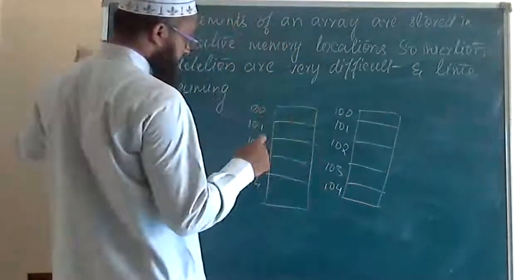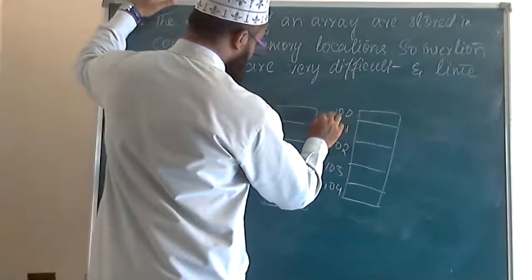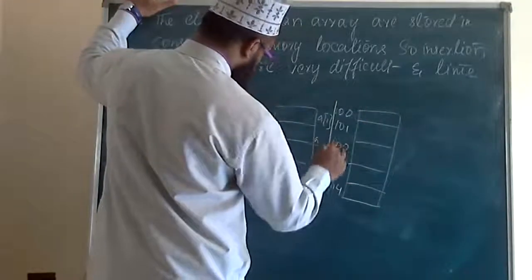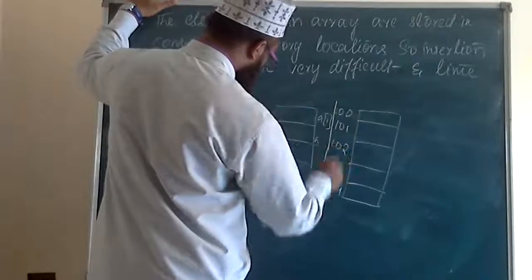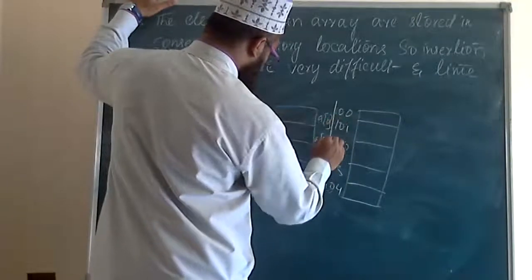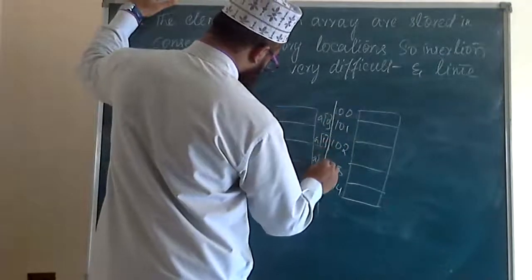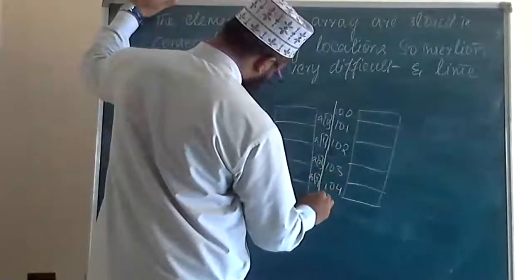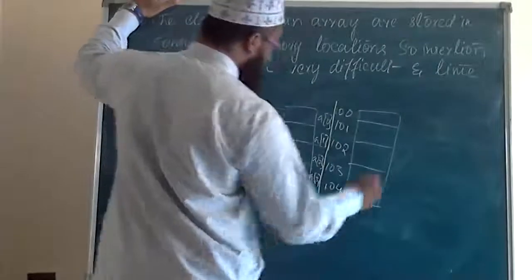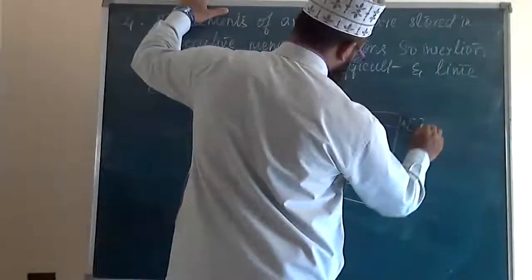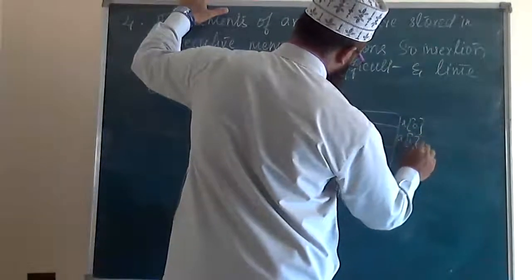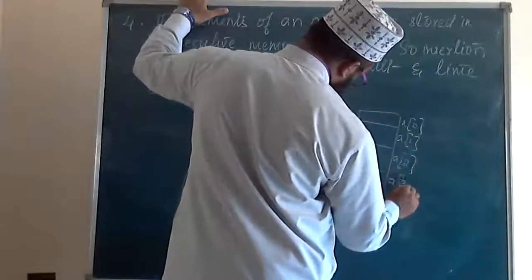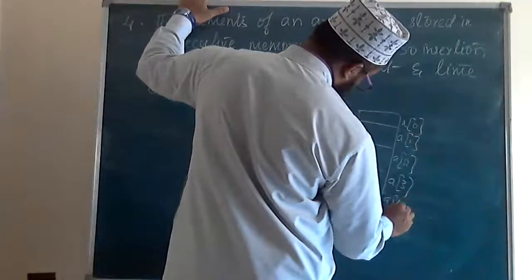Then the index can be given as a of 0, a of 1, a of 2, a of 3, a of 4. The same here also, a of 0, a of 1, a of 2, a of 3, a of 4.